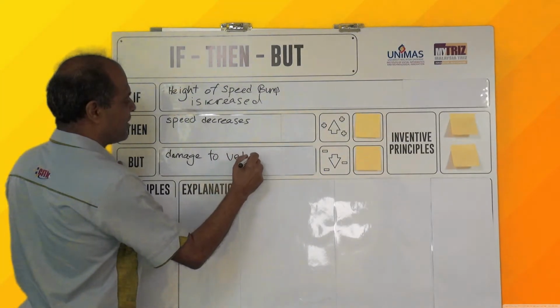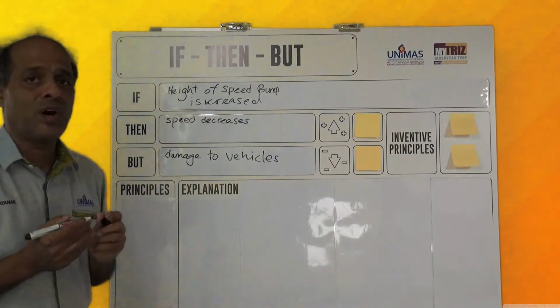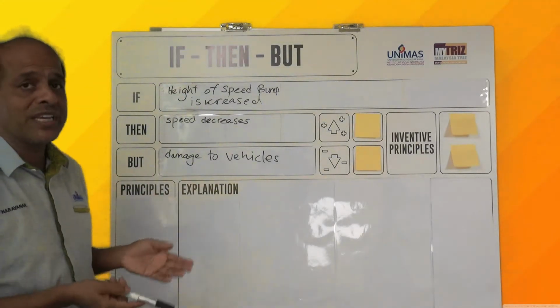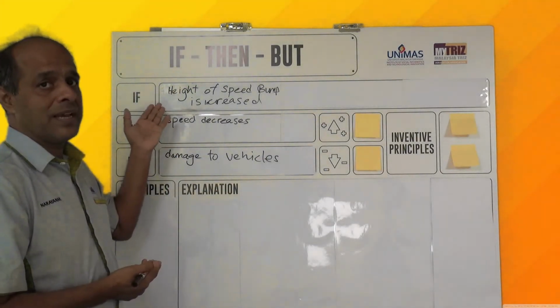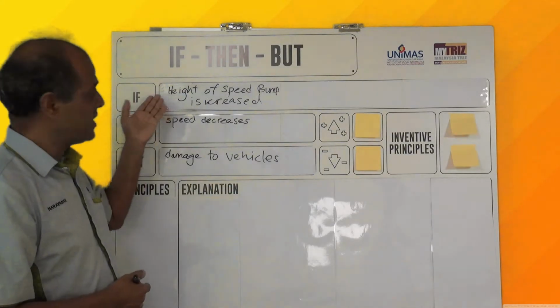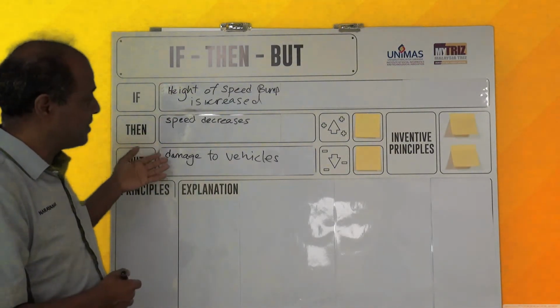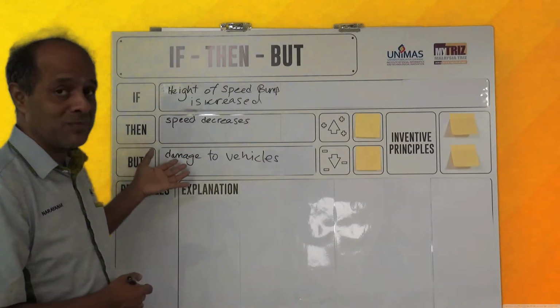So we have seen how an example of an engineering system can be represented. First we describe an event or an activity, then we look at what is good about it, and then we look at what is worsening, or what is the weakness, what is bad, right?